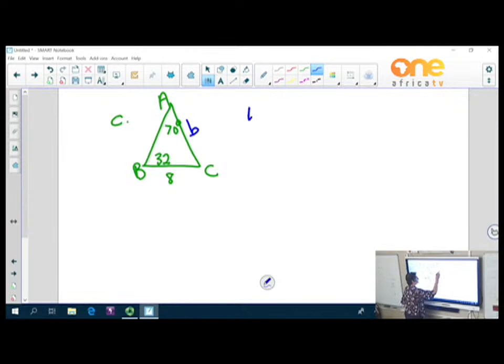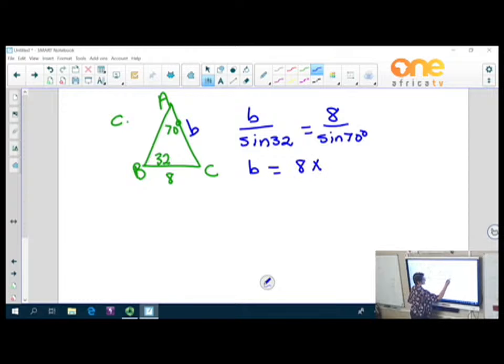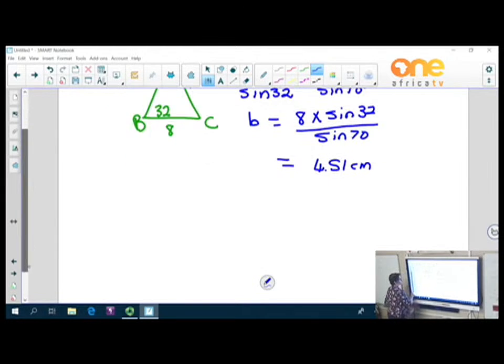So that will then be b over sine 32 degrees is equal to 8 over sine 70 degrees. So I will multiply 8 times sine 32, divide by sine 70, and the answer is, I got 4.51 centimeters.